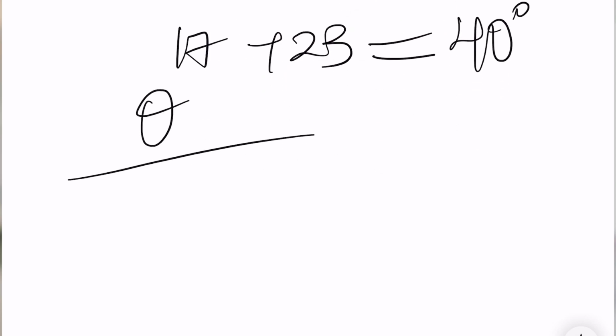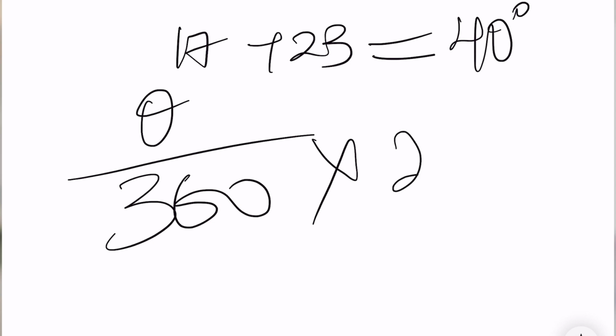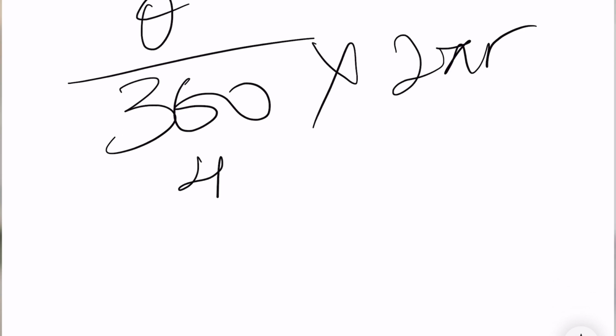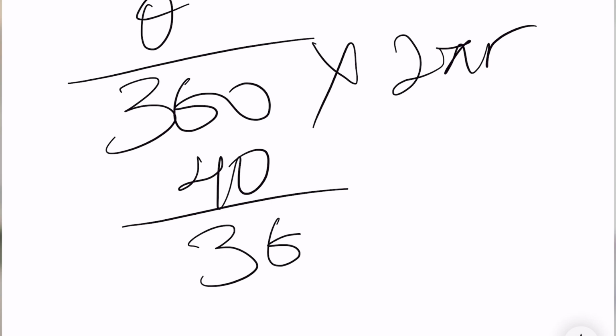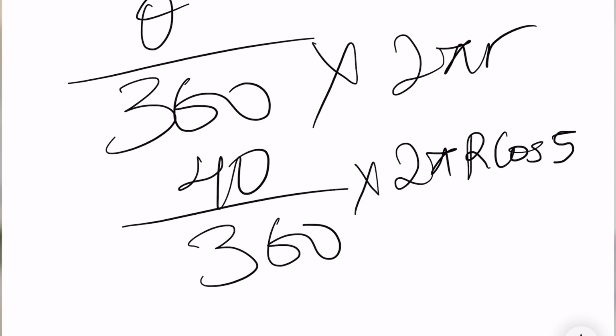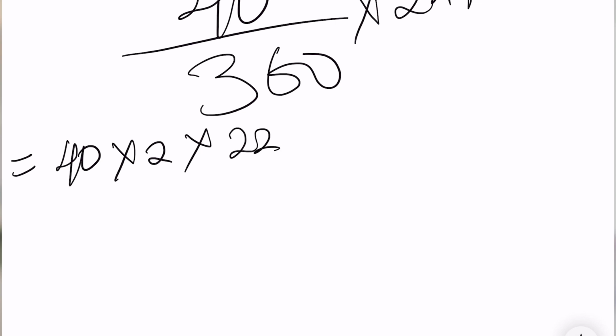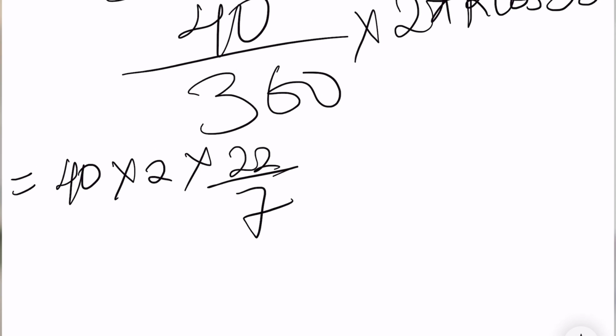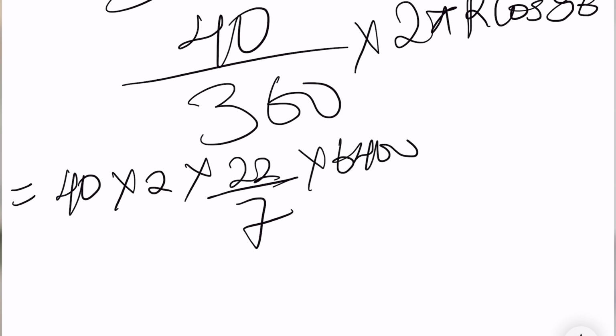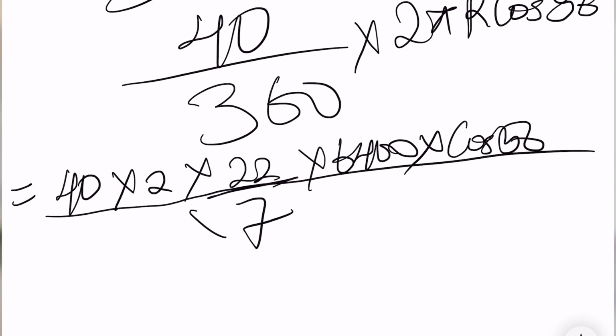So we have theta over 360 times 2 pi r, so we have 40 over 360 times 2 pi r cos 56 degrees. Solving for that, we have 40 times 2 times 22/7 times 6,400 times cos 56 over 360.